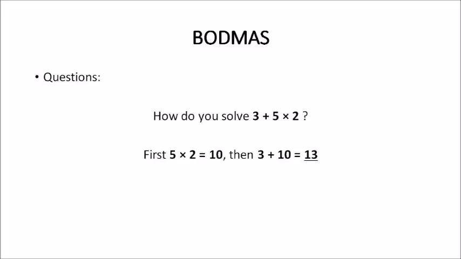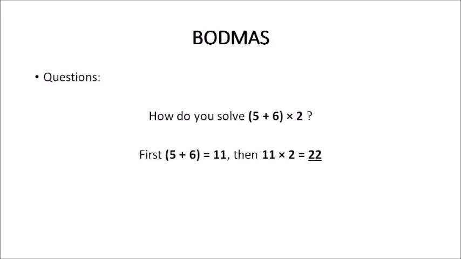Now we'll do another example. How do you solve bracket 5 plus 6 bracket multiplied by 2? You need to decide whether you need to do the bracket first, add, or multiply.